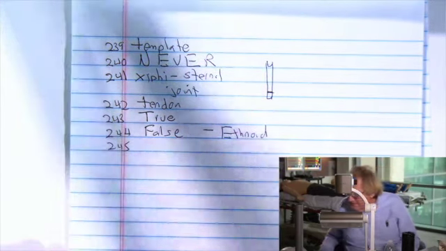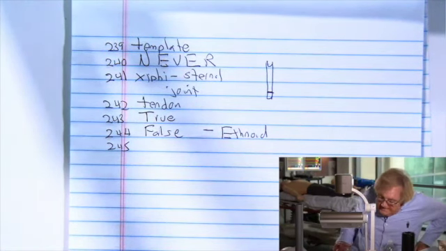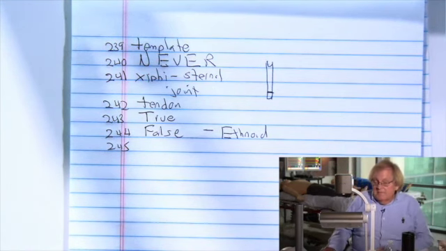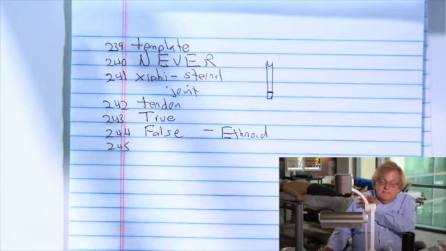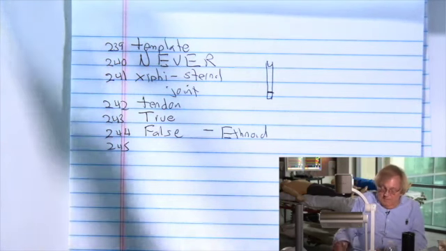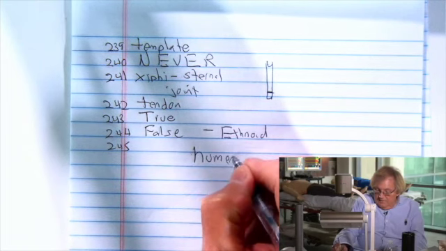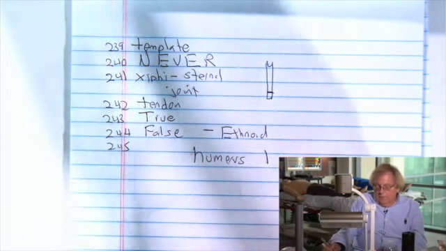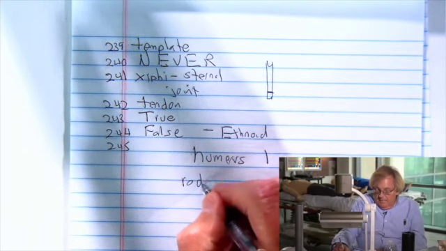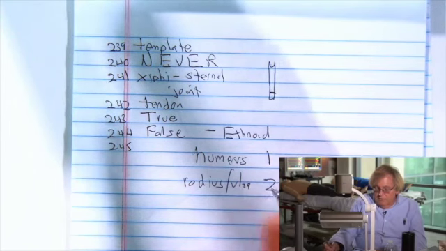245 says there are 30 bones below the pectoral girdle. Well, let's think about that. My pectoral girdle is going to be my clavicle and my scapula. So let's count the bones below that. The first bone would be the humerus. So that's one. Below the humerus, I've got the radius and ulna, making the forearm, that's 2.